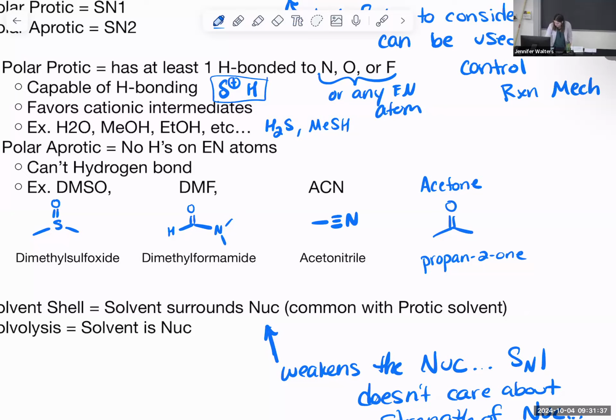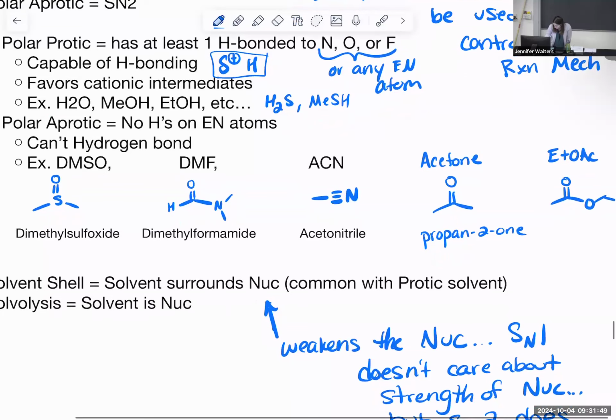You can have ethyl acetate. So that's an ester. Again, not the IUPAC naming for it, because it should be, what would it be?